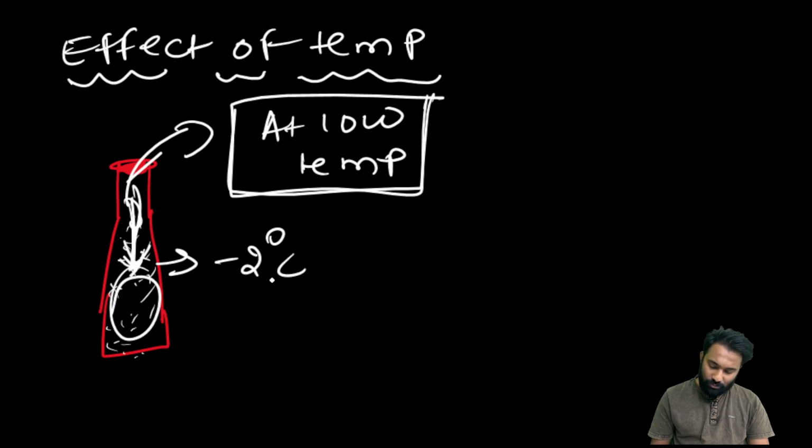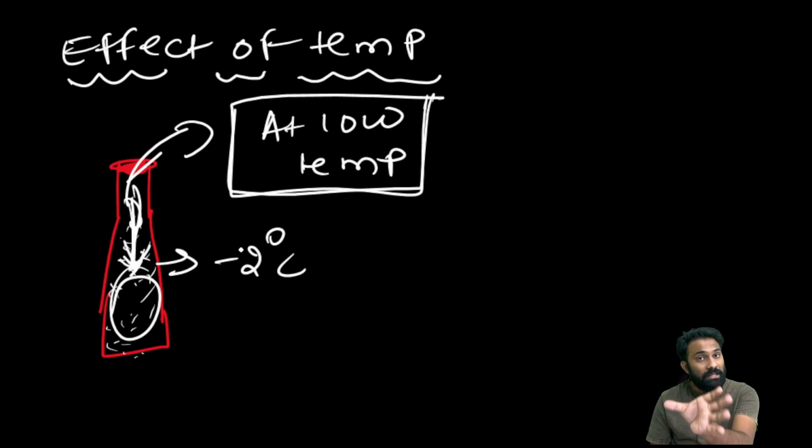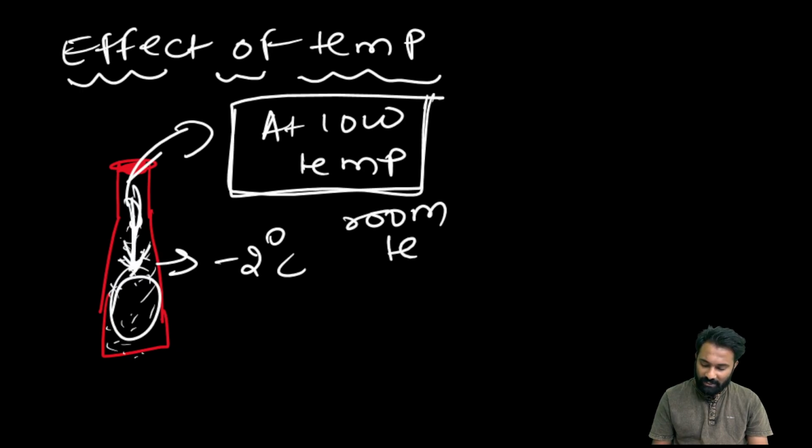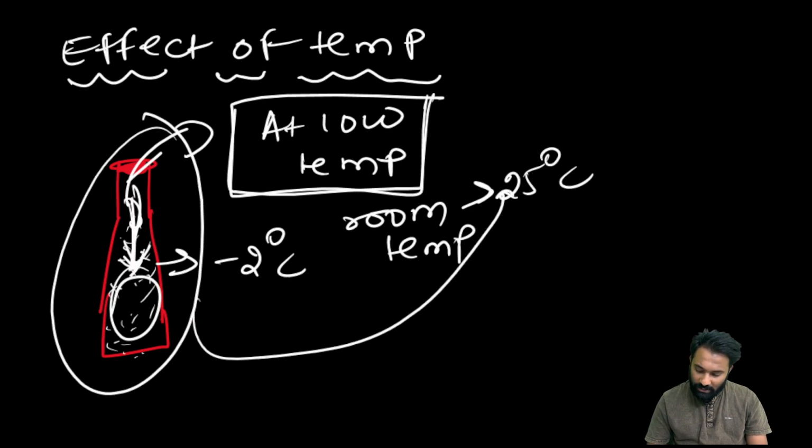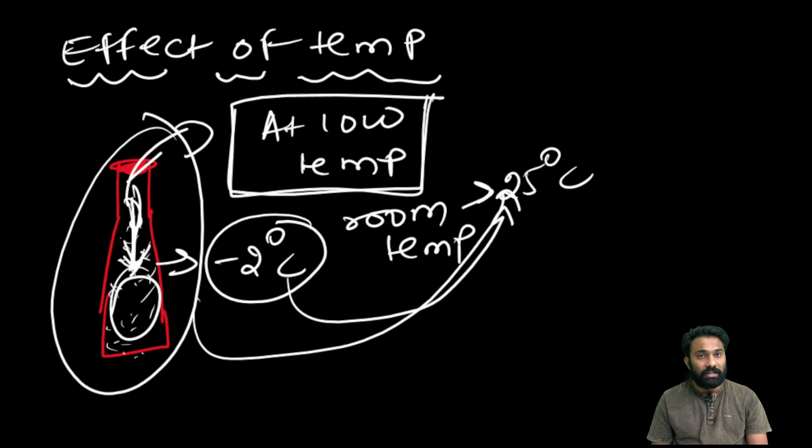When the shopkeeper gives that cool drink to you, you are at room temperature, which we normally take as 25 degrees Celsius. When the bottle comes in contact with 25 degrees, its temperature has increased from -2 degrees to 25 degrees.